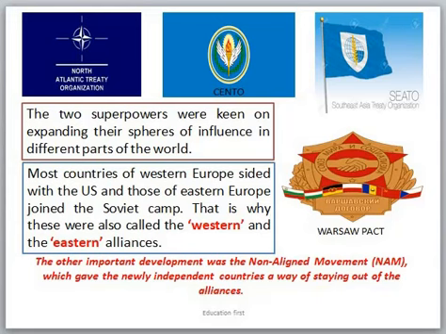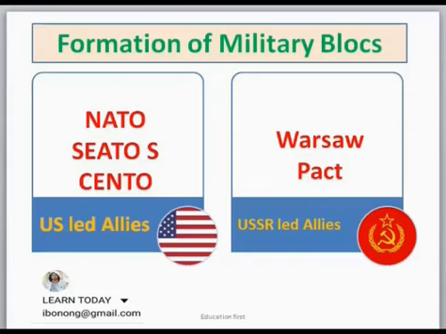That is why these were also known as Western and Eastern alliances. We have already mentioned the North Atlantic Treaty Organization (NATO), the Central Treaty Organization (CENTO), and the Southeast Asian Treaty Organization (SEATO). Then on the other side, the Warsaw Pact.